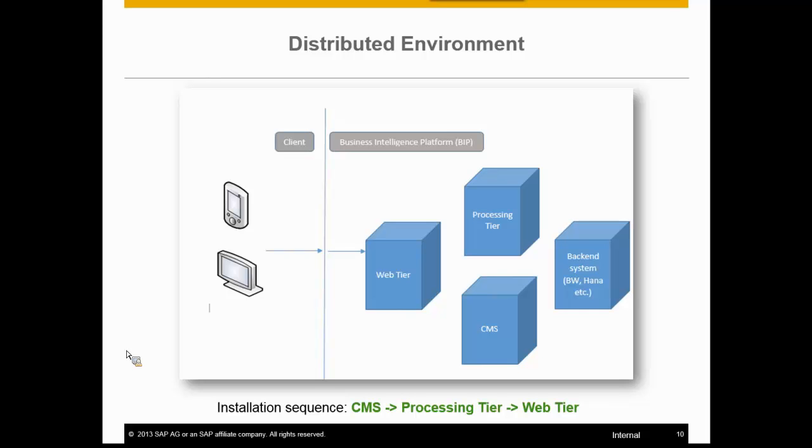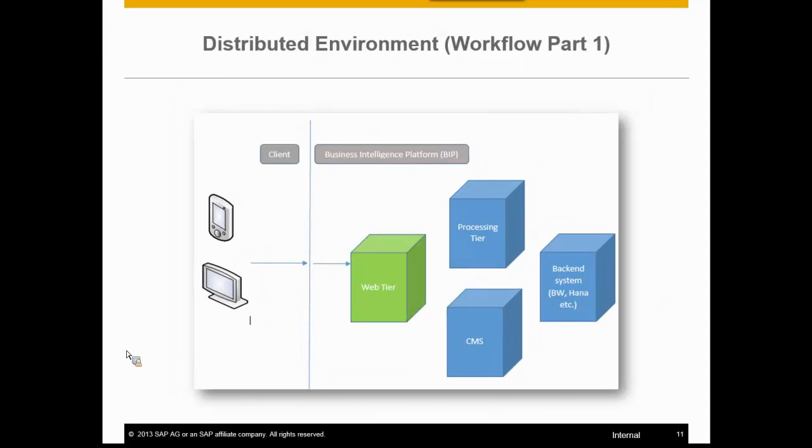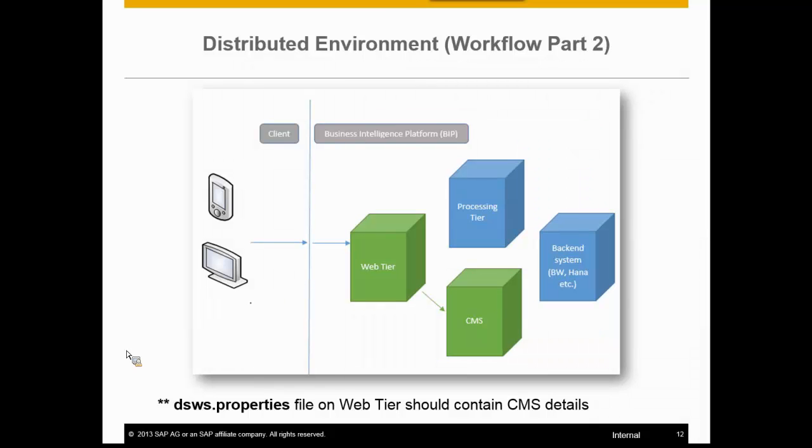In terms of workflow, first of all, when we make a connection from the client, it is going to hit the web tier on the Business Intelligence platform. After that, the web tier has a dsws.properties file which contains the information about the CMS.